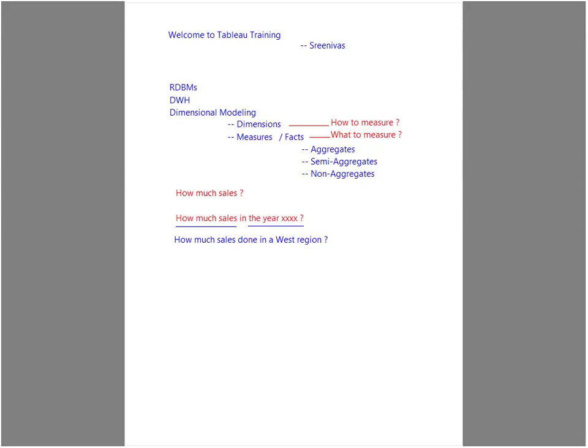Or what is my sales amount gained for a given category of products? Given category of products means, for example, XX category of my products.